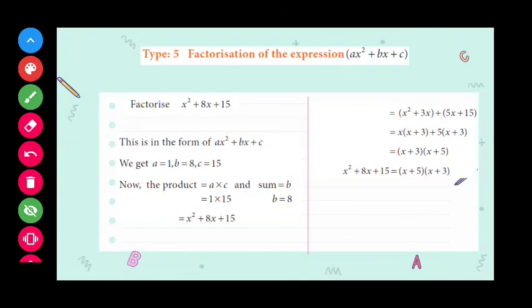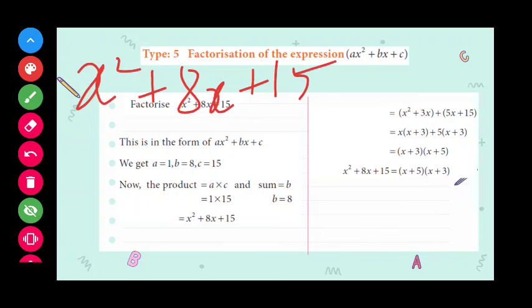I'll go through this once again. We have the expression x square plus 8x plus 15. We have to split this 8x into two numbers such that both are factors of 15. You all know the factors of 15 are 5 and 3.